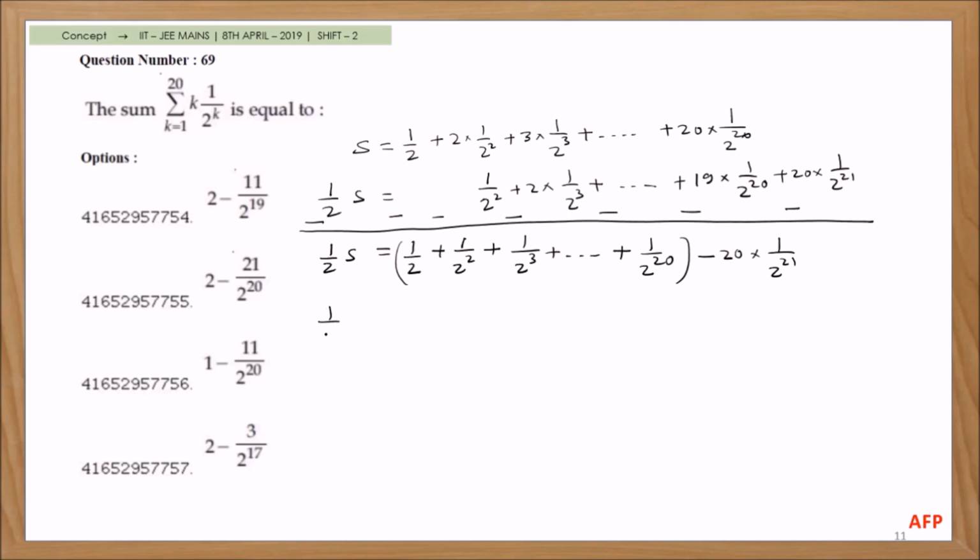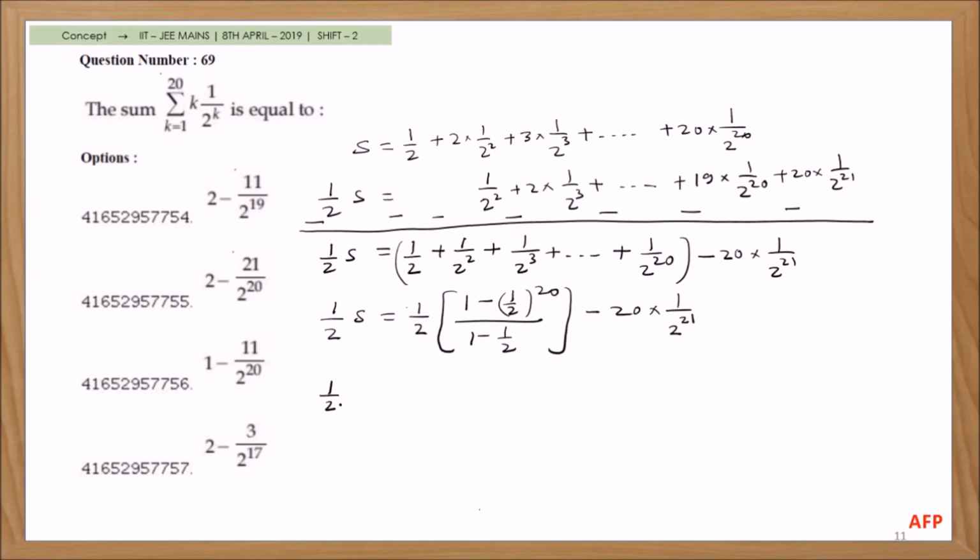So 1 divided by 2 into s is equal to, it is a geometric series: a is 1 by 2 and r is 1 by 2, whole raised to n, where n is nothing but 20, divided by 1 minus 1 by 2, and the remaining term as it is, 20 into 1 by 2 raised to 21.